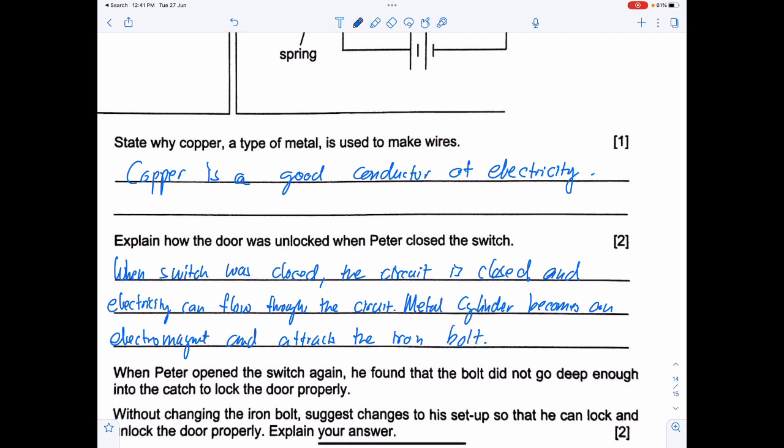Okay, so this then becomes unlocked. So C is where circuit is closed. This is your C. E is where electricity can flow through. And last one, your outcome, O is here, CEO.